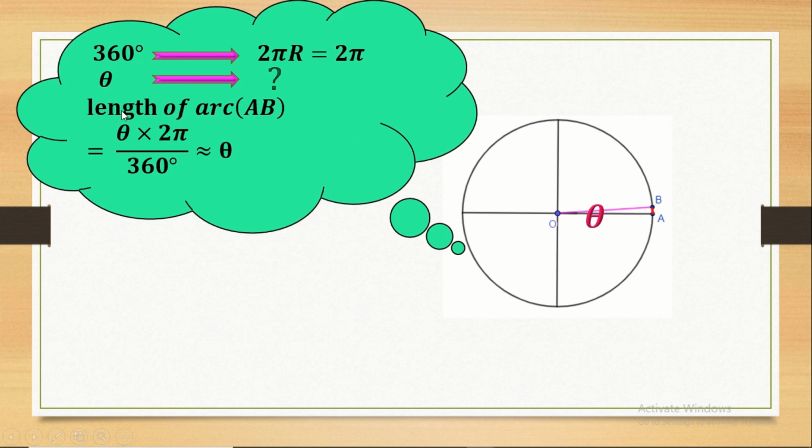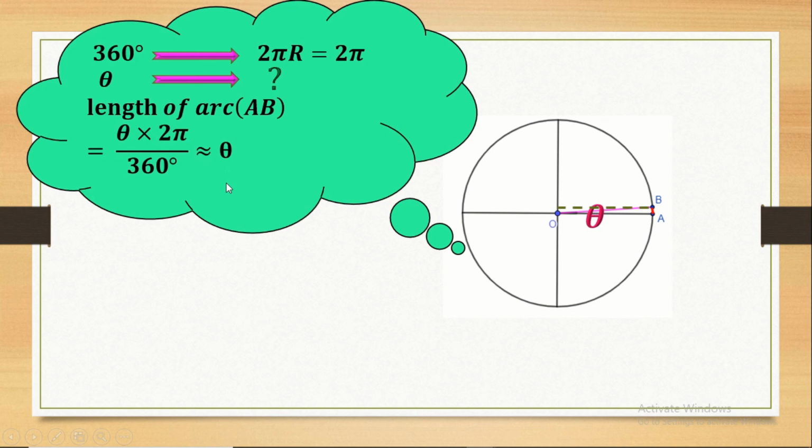Note that we can say that the length of the arc AB is in this case theta times 2 pi all divided by 360 degrees. But note that 2 pi is approximately equal to 360 degrees, so we can simplify them. Then the length of the arc AB is approximately equal to the angle theta.